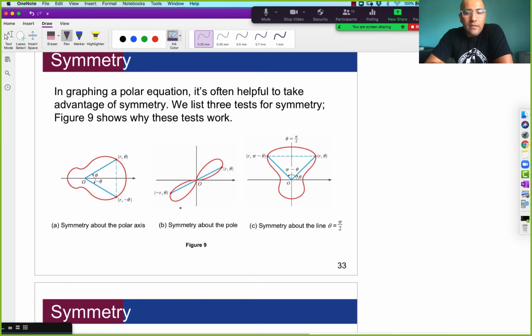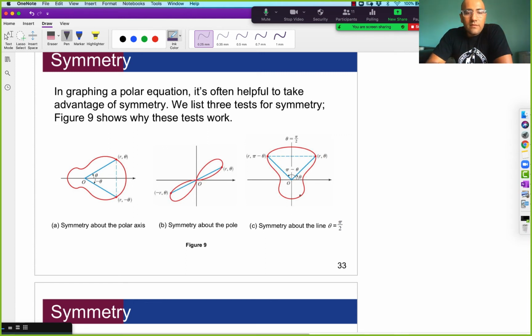And then symmetry about the line theta equals pi over 2, our old y-axis, is something that fits this form, where whether you type in theta or whether you type in pi minus theta for any value of theta, you always get the same R value. Good. So if you type in 30 degrees and 150 degrees, you get the same R value. Or pi over 6 and 5 pi over 6 both give you the same R value. Then you'll end up with a symmetry about the line theta equals pi over 2.